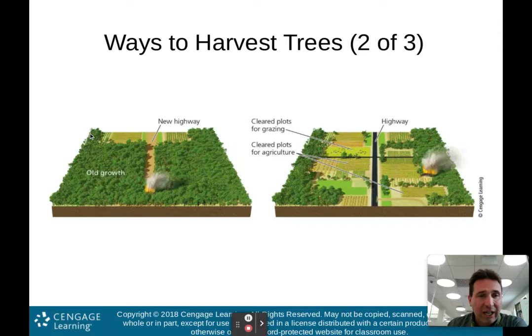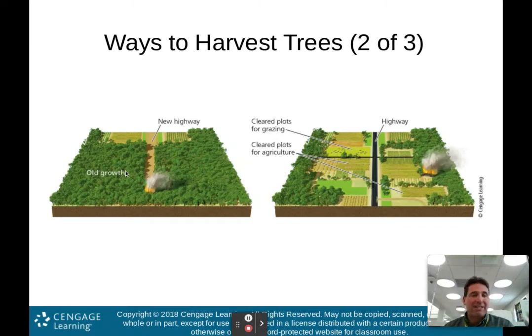So you'll notice here on the left we have an old growth forest, right? And they cut a highway in there to get the equipment in, or the technology in, that they need to cut down the trees. But once you do that, now you're fragmenting this forest, right? We spoke about that in a previous chapter, how now you have a forest on one side of the road, a forest on the other. Animals that live over here, creatures, may not be able to get to the other side.